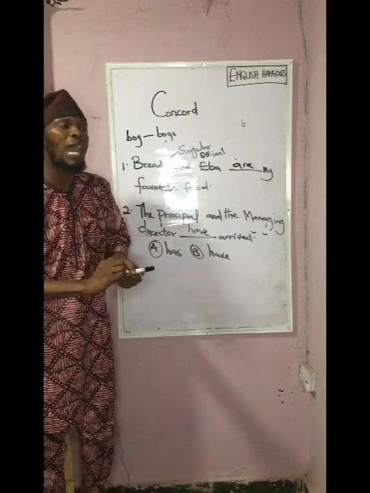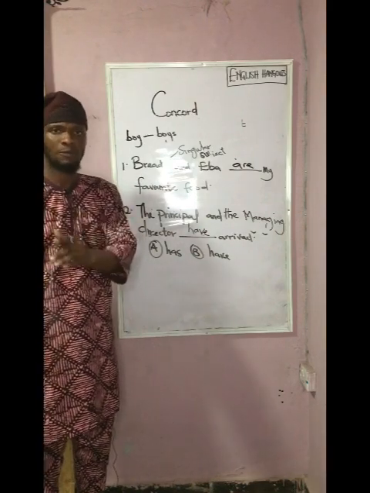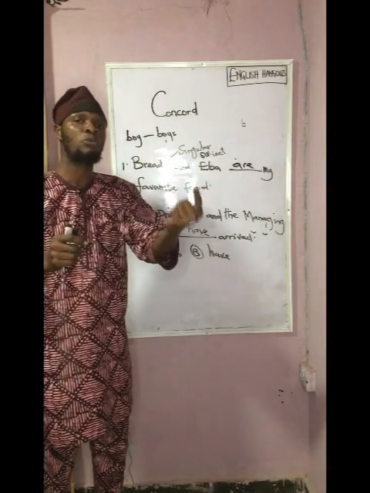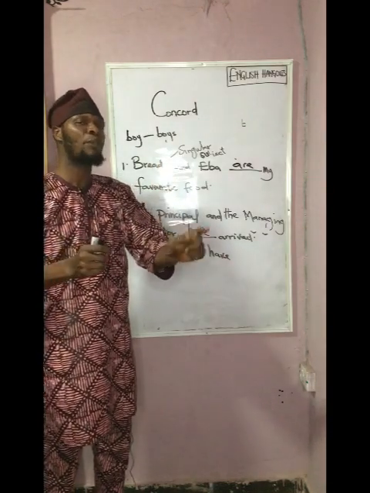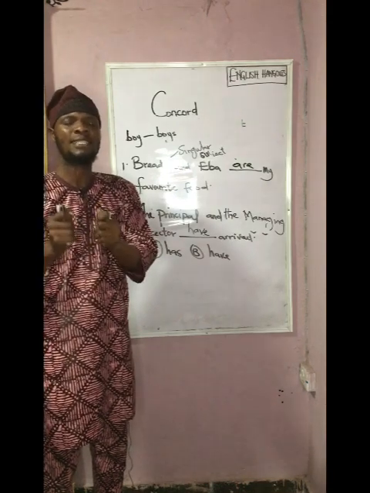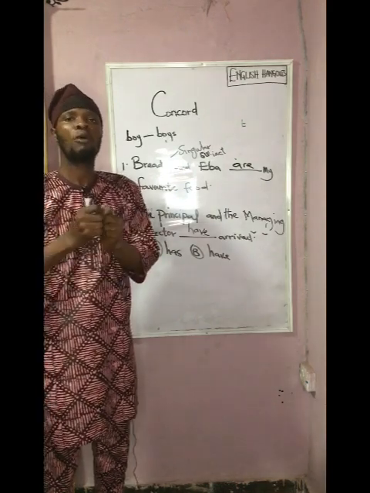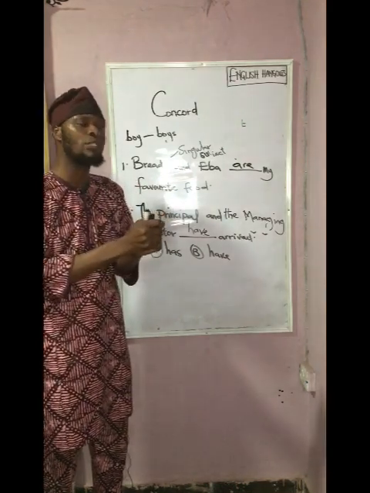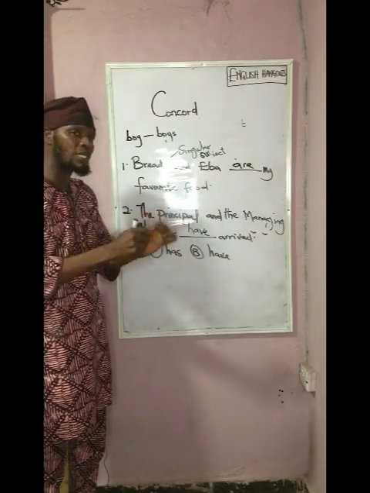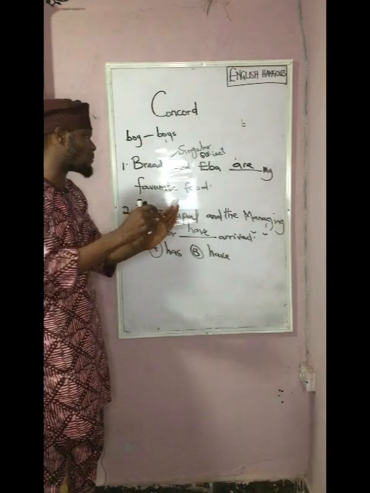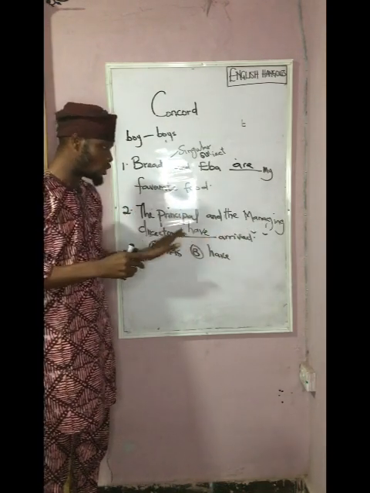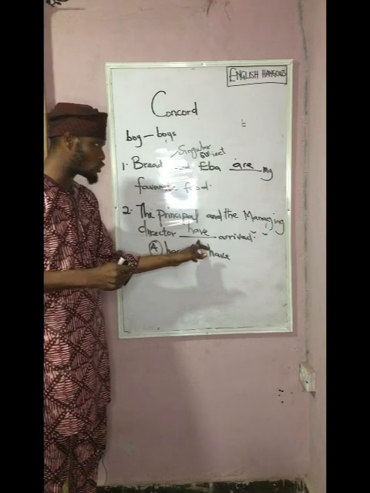So, if we have two nouns and the two nouns are still serving the same purpose, referring to the same person in that sentence, it will always attract a singular verb. But if the two entities we are dealing with serve different purposes, just as we have the principal and the managing director, plural subject, the verb also should be plural.